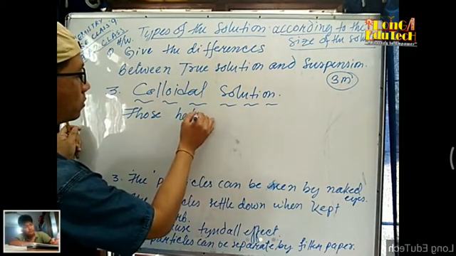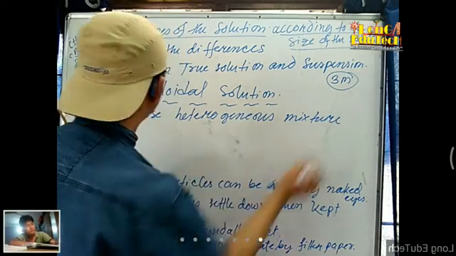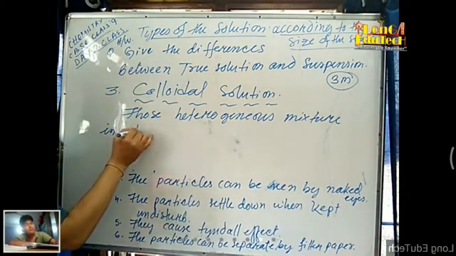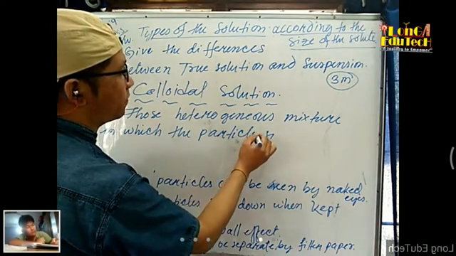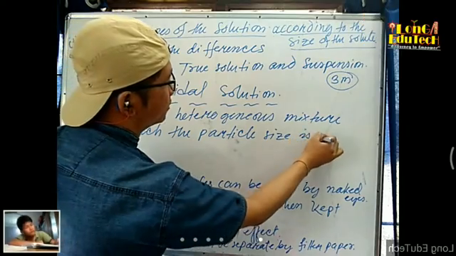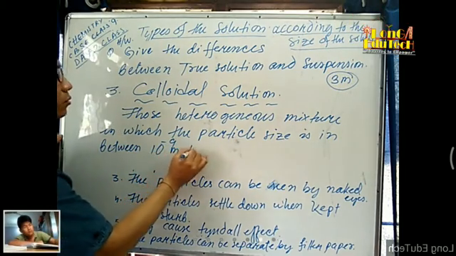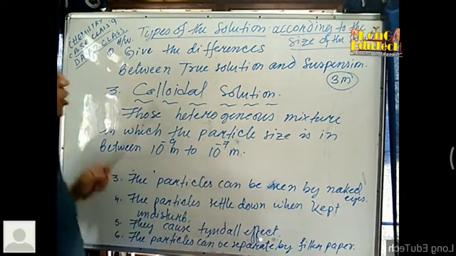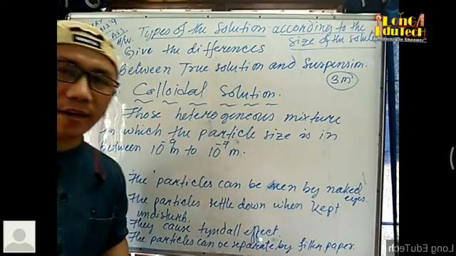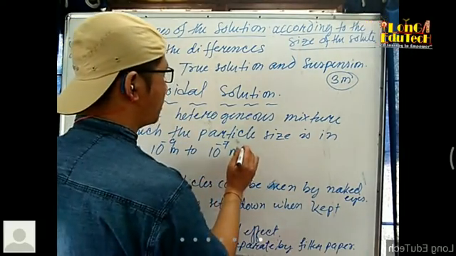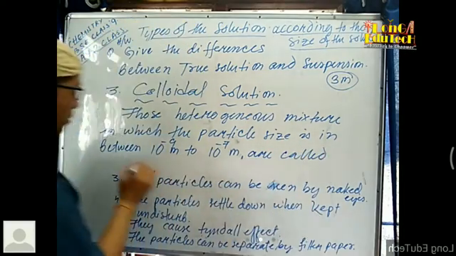Those heterogeneous mixtures in which the particle size is in between 10 to power minus 9 meter to 10 to power minus 7 meter. Okay, this is a heterogeneous mixture and its particle size is between 10 to power minus 9 and 10 to power minus 7 meter.